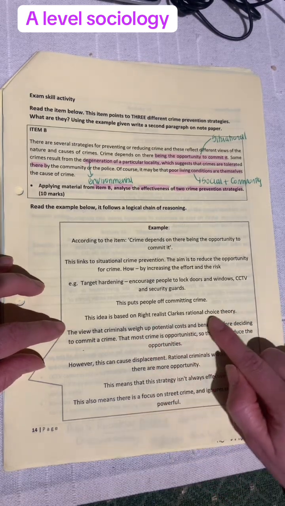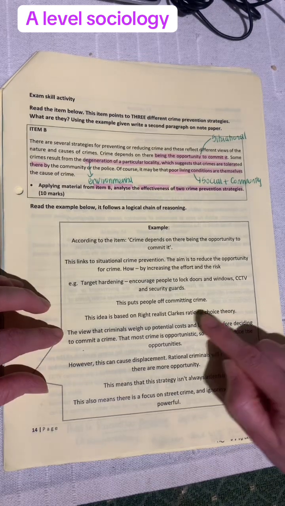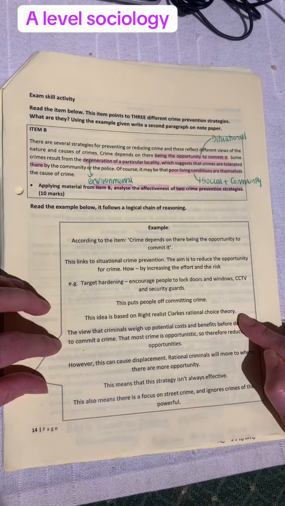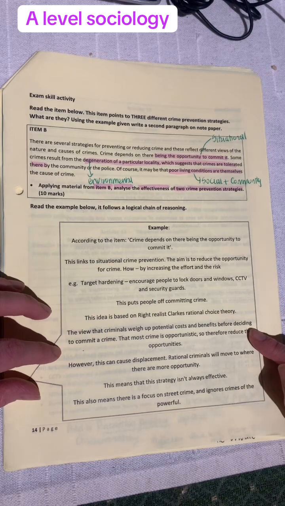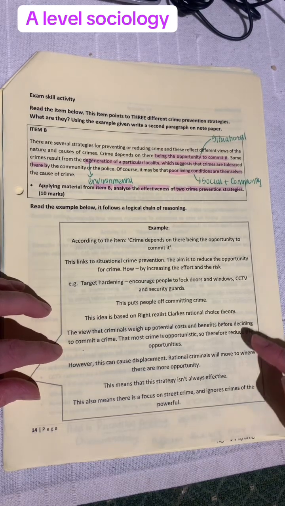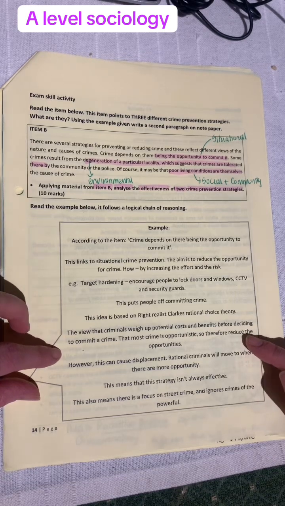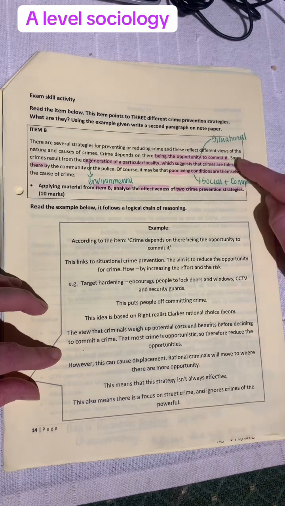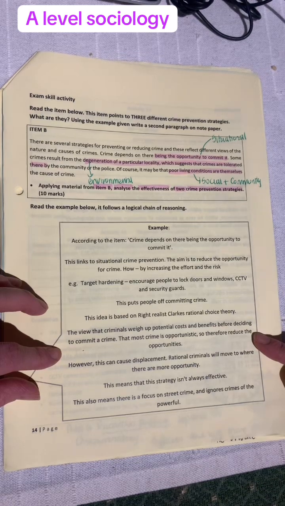We also might link it into our realist, show a bit of knowledge of our theory, Clarke's rational choice theory, and just explain what that is. The view that criminals weigh up before deciding to commit a crime, and that most crime is opportunistic. So we want to reduce the opportunities, which actually links back to the item hook. So we're thinking logically as we're answering this.